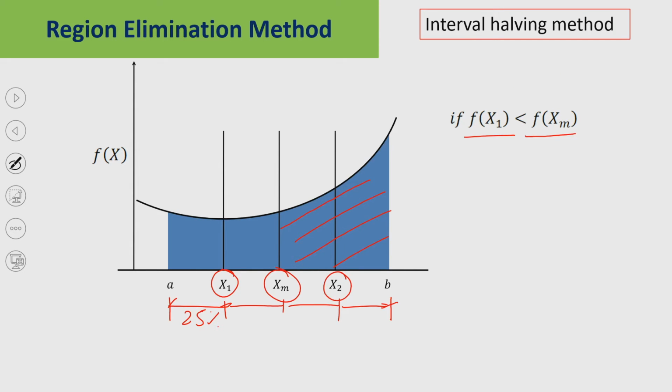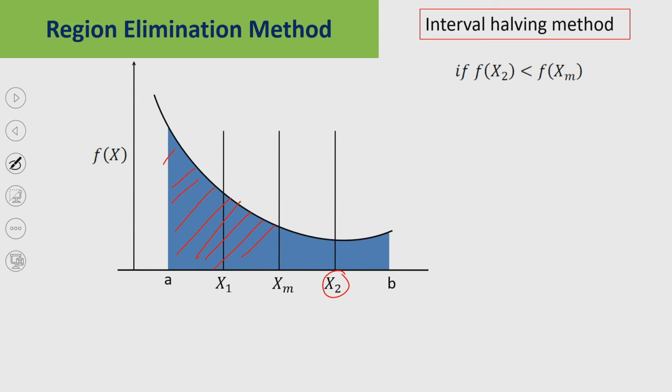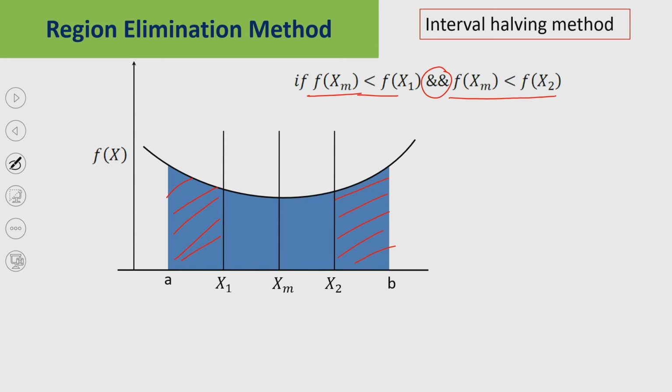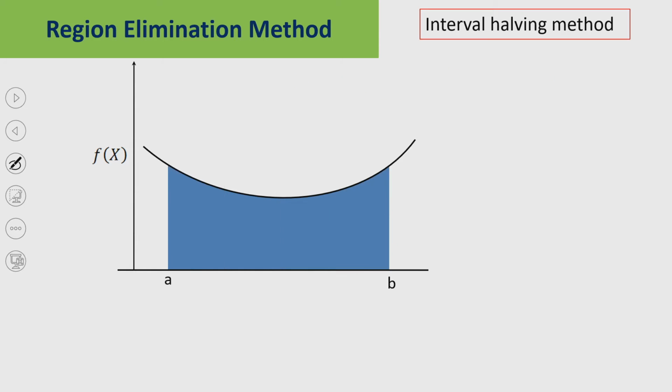The first one is f of x 1 less than f of x m, then you are eliminating 50% of the region. Then if f of x 2 is less than f of x m, you are eliminating this 50%, and if f of x m is less than f of x 1 and f of x m is also less than f of x 2, then you can eliminate this 50% of the area. So, out of these 3, one condition will be true and you can eliminate 50% of the area.